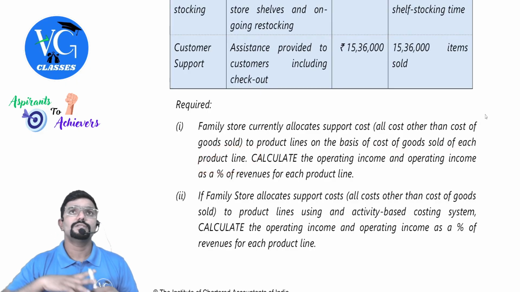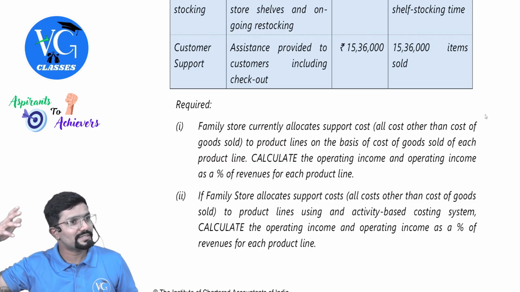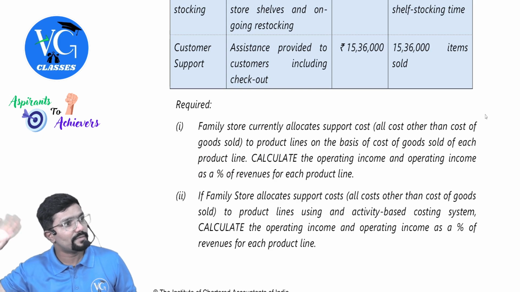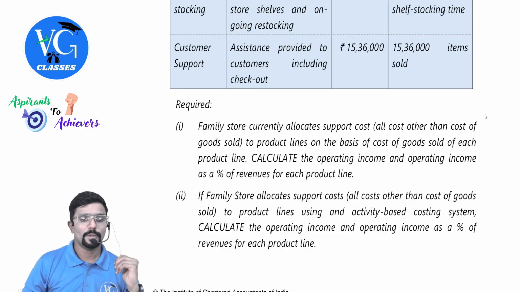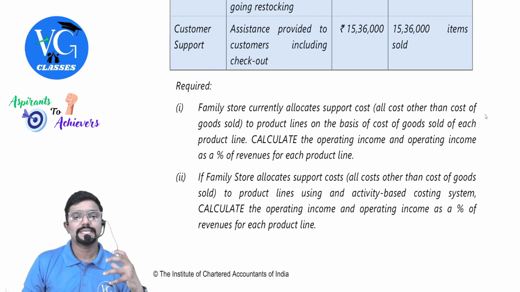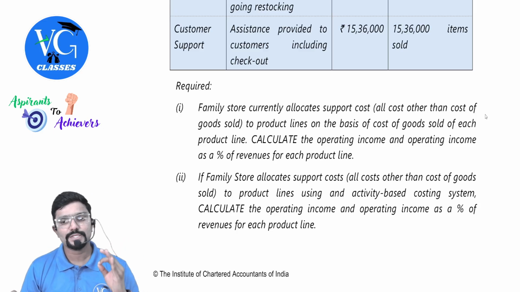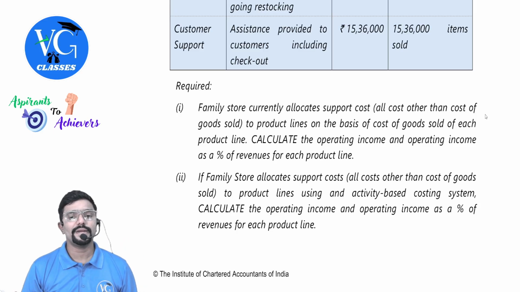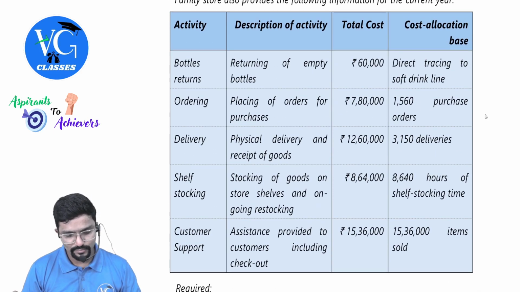Because you could also do total cost of goods sold divided by total sales, get the percentage and charge it for every product. No, you have to calculate product-wise, not as a whole. If Family Store allocates support cost, all costs other than the cost of goods sold, to product lines using an activity-based costing system, calculate the operating income and operating income as a percentage of revenues for each product line. Fine, we'll move to the solution.